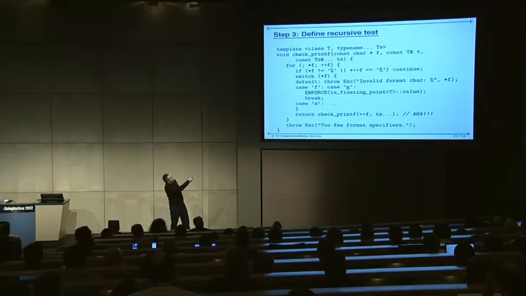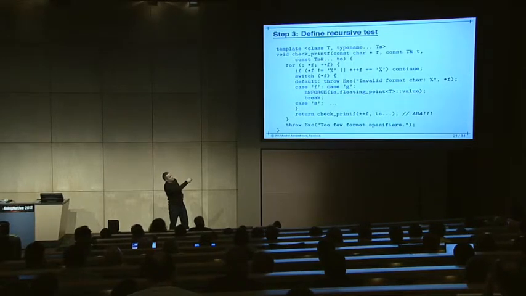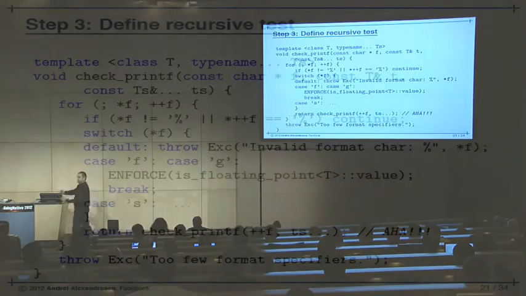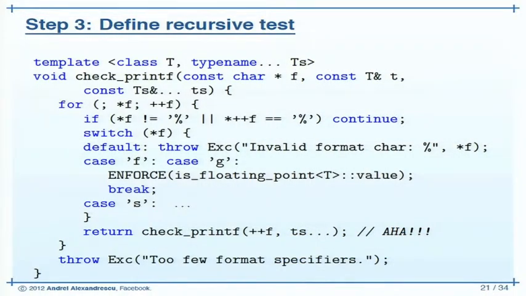So this loop is actually a sort of funny loop. It doesn't go through the entire formatting string. It only goes until it finds an argument to check. At that point, it stops, does the check, and then recurses to a different version of itself to finish the job. Make sense?